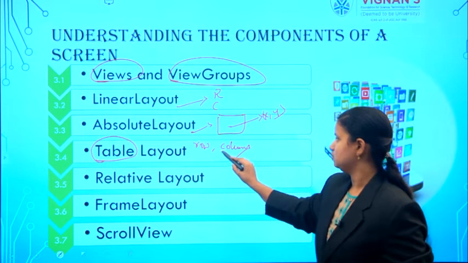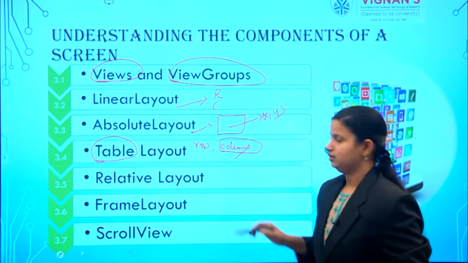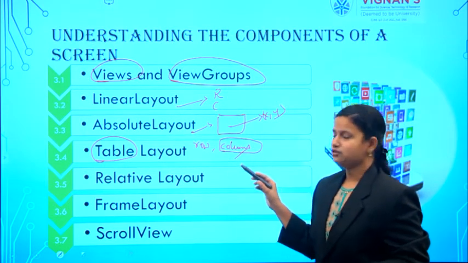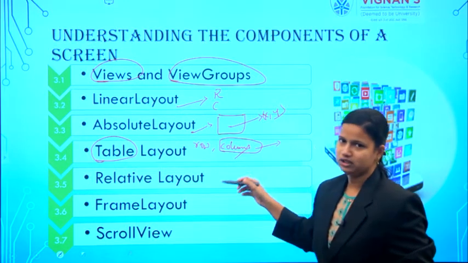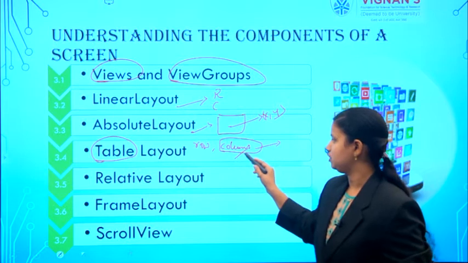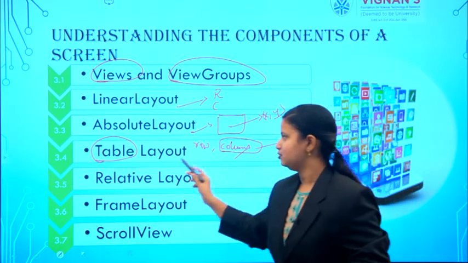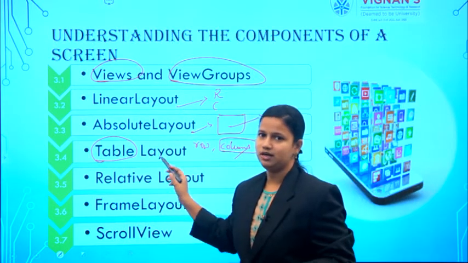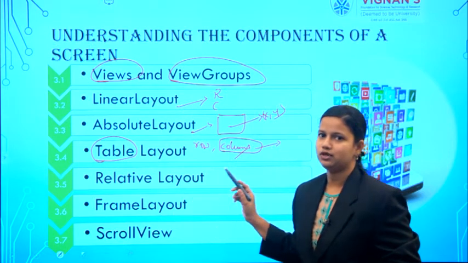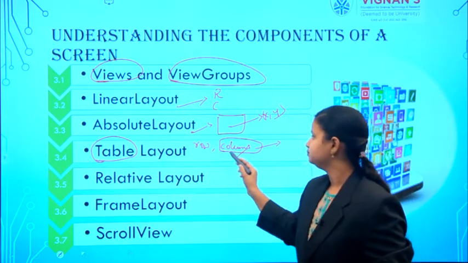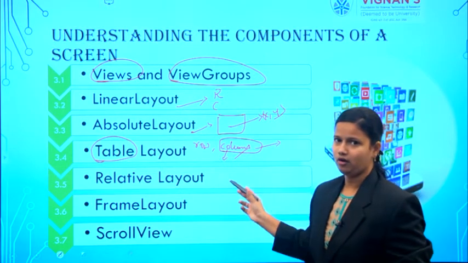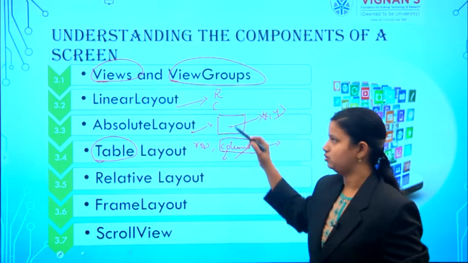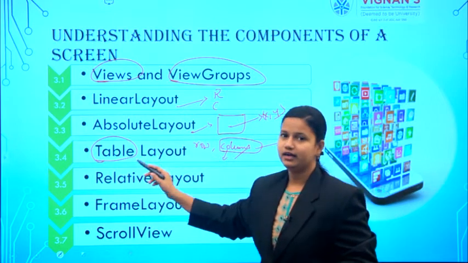The width of the column will be assigned based on the width of the widest element to be presented in that column, so that the width of the column is allocated. So the table layout is arranging your table rows in the form of rows and columns. That means it arranges all the view group elements in the form of a table.